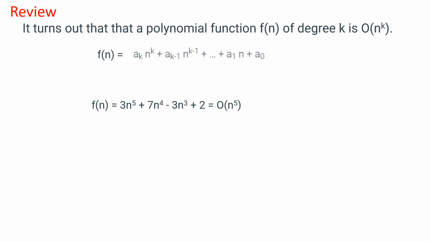Okay, so we had some examples here. Here is a function, and you see that I've written this function is O of n to the fifth. That's because 5 was the highest exponent there. Here, I meant to have a 2 on this second n, so I wanted to have a 3n squared, and so there's a 3 there instead. But anyway, that again is a polynomial function, so we'd find the term with the highest degree, and the highest degree is 3.